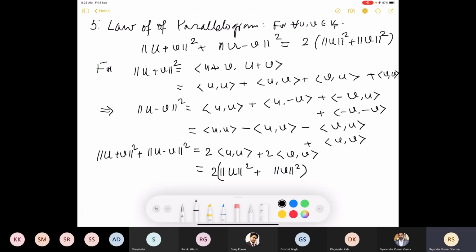The sum of the squares of the diagonals is equal to the sum of the squares of the sides of the parallelogram. All right, so let us have one more interesting property. You can also prove the same. There are many interesting properties, of course.